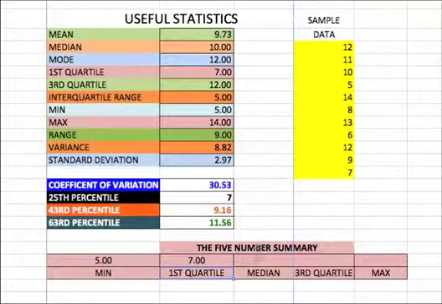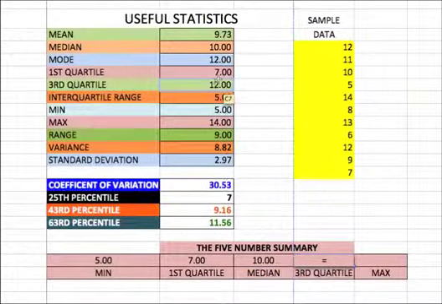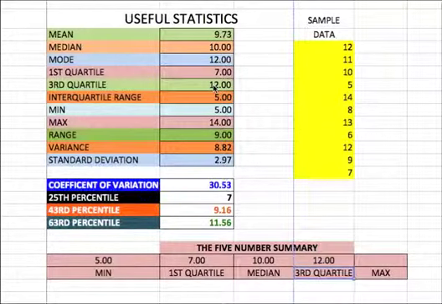The median, or second quartile, if we chose to call it that, is 10. And the third quartile from above, again, is 12. And lastly, the maximum number from above.